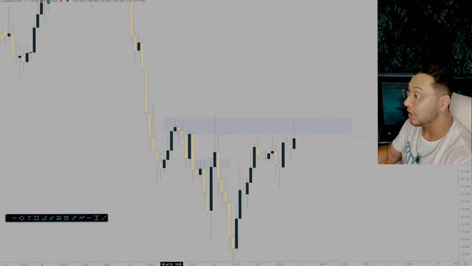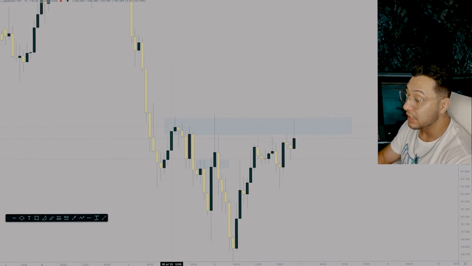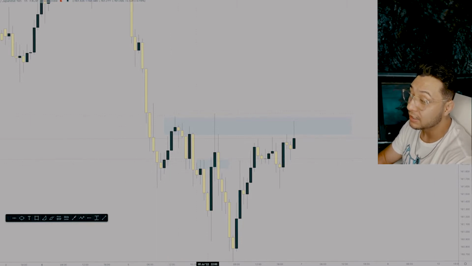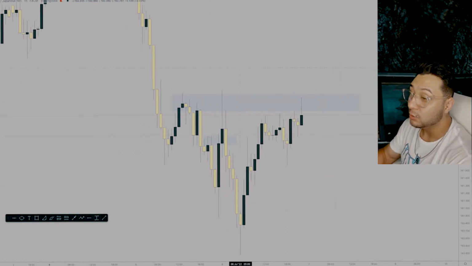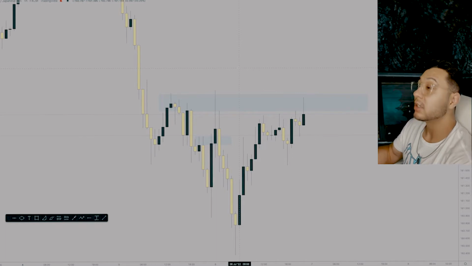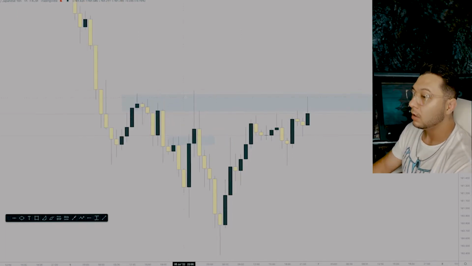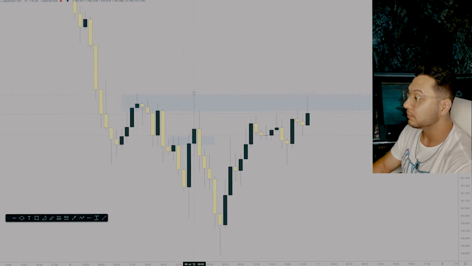This area is a lot stronger than this area down here, as well as this was the daily high. So when you're correlating time frames and using supply and demand, it's very helpful. And if you don't know how to correlate time frames, go ahead and watch my time frame correlation video.